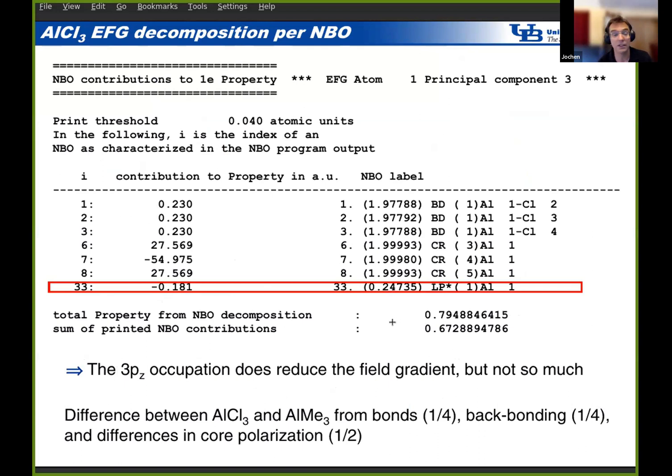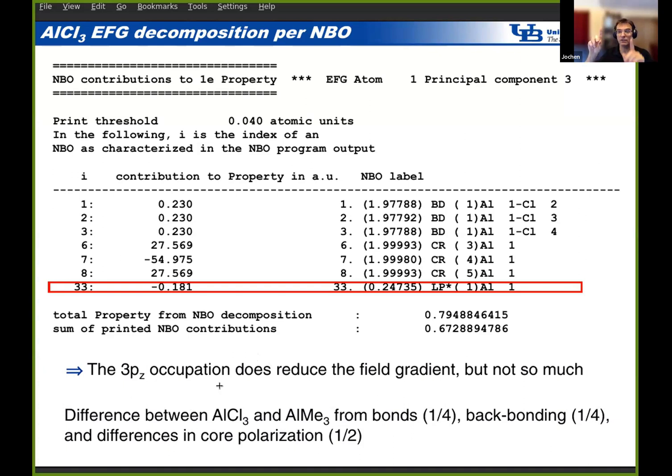I'll show this to you in a couple of minutes. That makes the field gradient in the chloride complex much smaller than it is in the compounds with the organic ligands. And so that means effectively that the chlorine can donate.